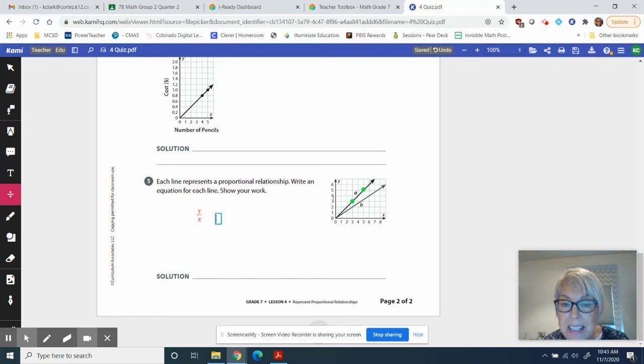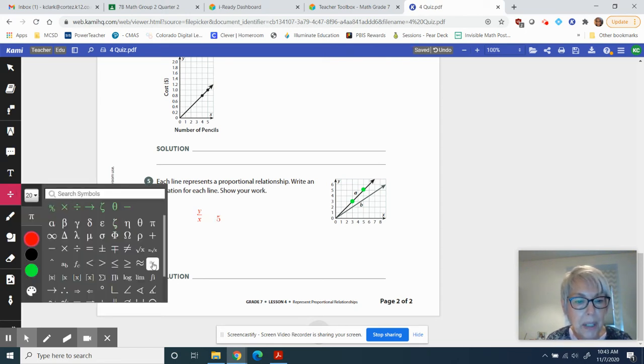My y over x here is 3 over 3. Here it's 5 over 5. So let me type that in. You know that 5 over 5 is exactly the same as 1. There we go, 5 over 5 equals 1.